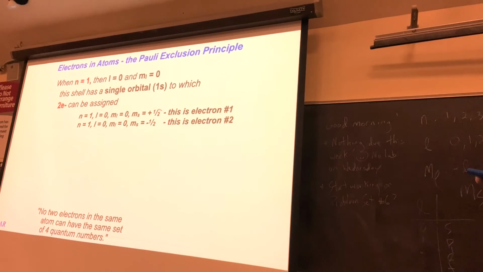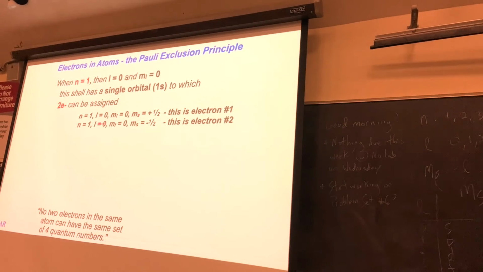And the 2 people come from the 2 m sub s values. Each m sub l value, each orbital value, is going to hold 2 electrons, 2 people, because of this m sub s part. So these 2 electrons then have their own set of quantum numbers, all right? The last m sub s is enough to make them different from each other. And in the chemistry world, this would be like the address of the first electron, and this would be the address of the second electron.